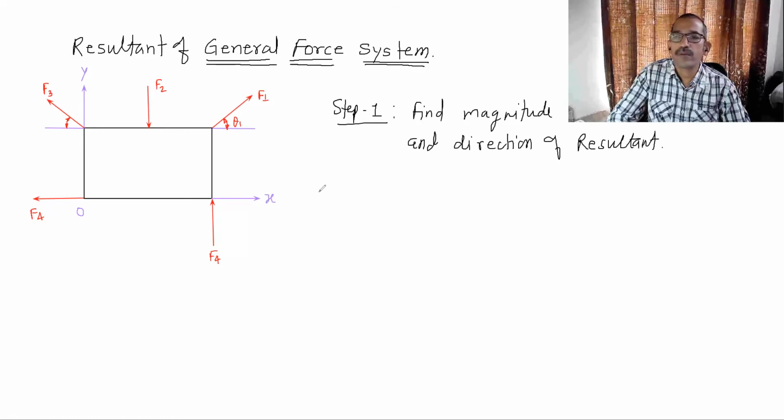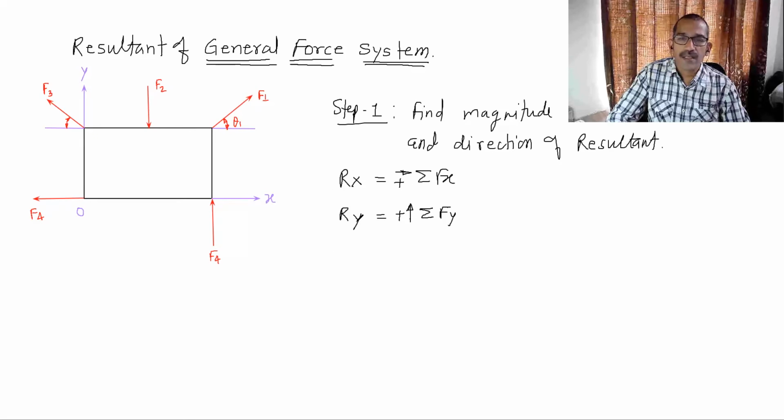To find the magnitude and direction of the resultant, we'll find the component of the resultant along the x-axis, Rx, using the equation Rx equal to summation of Fx, assuming rightward force is positive. And the component Ry is obtained by adding forces along the y-axis, assuming vertically upward forces positive.